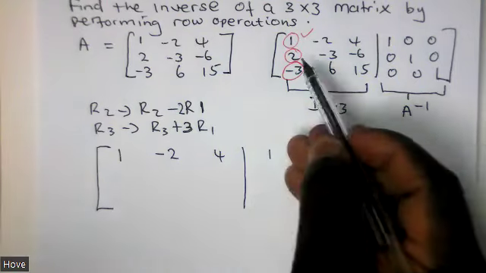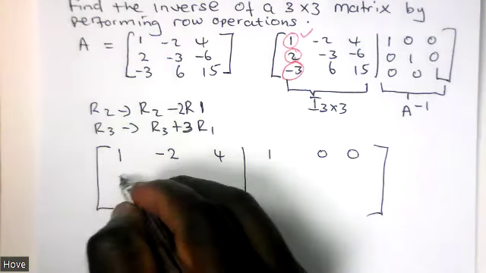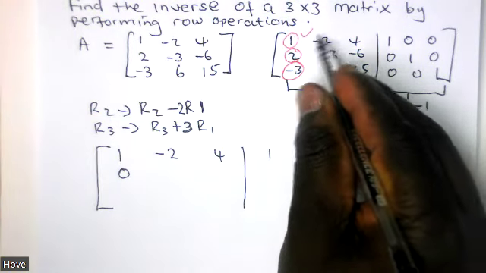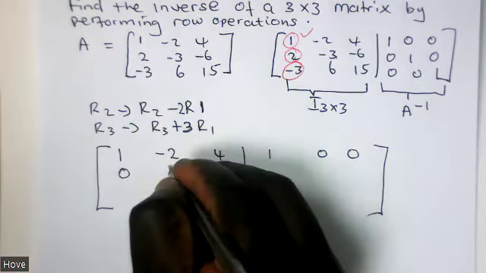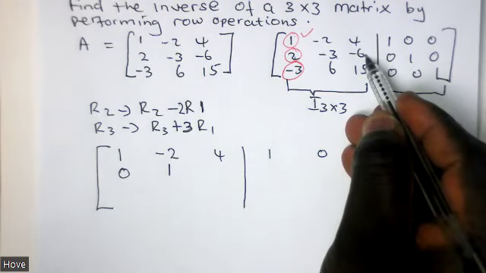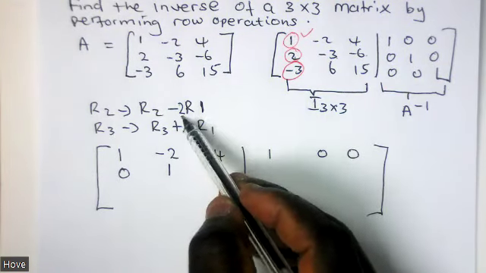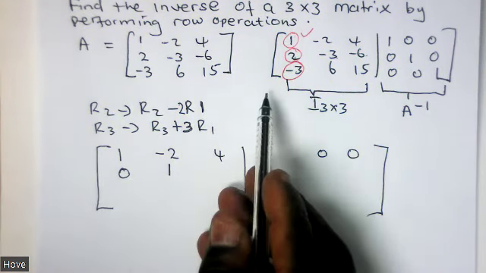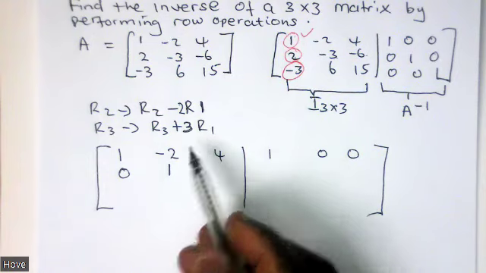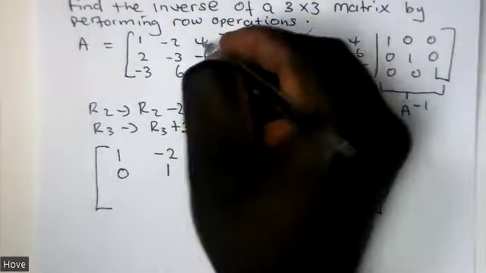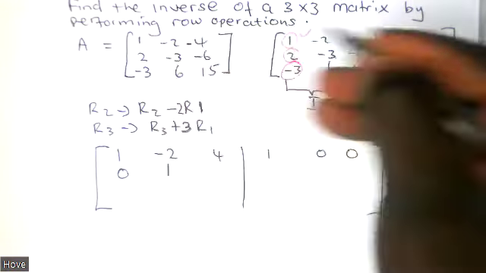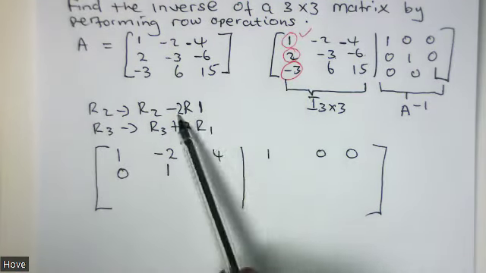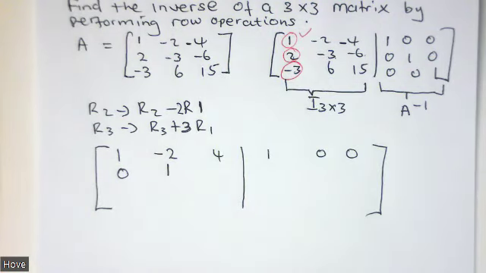But for row 2, it will be 2 minus 2, which is 0. Minus 3 minus 2 times minus 2, this is 1. Minus 6 minus 2 times 4. The original system has a negative here, so it will be minus 2 times minus 4, which is plus 8.